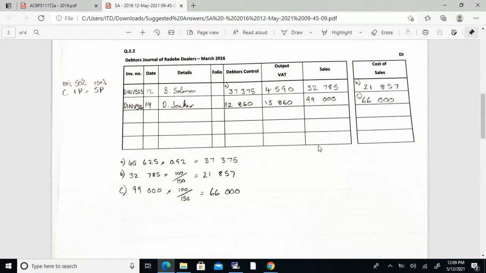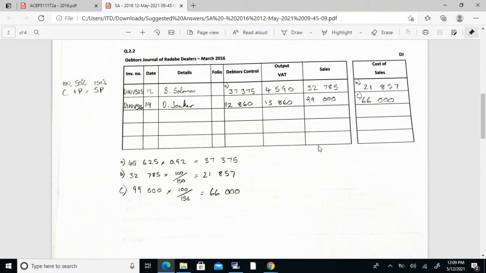We plug that into the debtors control. All right, and then we calculate the VAT on that 37,000. Okay, and then we have our sales, and then obviously we need to calculate cost of sales. Again, can you see? I'm using the same model. All right. Because they didn't tell me that these goods were on another markup or on gross margin or gross profit percentage. So we stick with that. Okay, then with D, received 10% settlement discount.